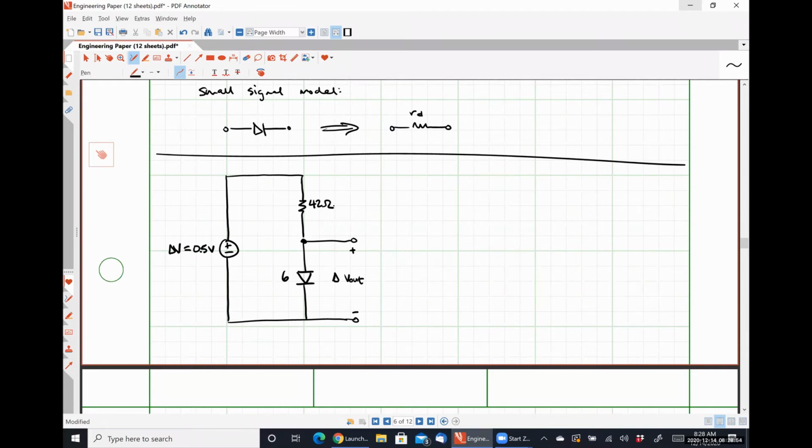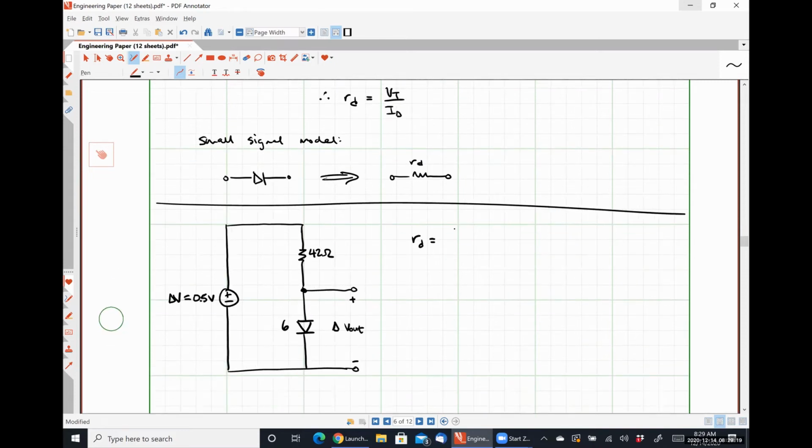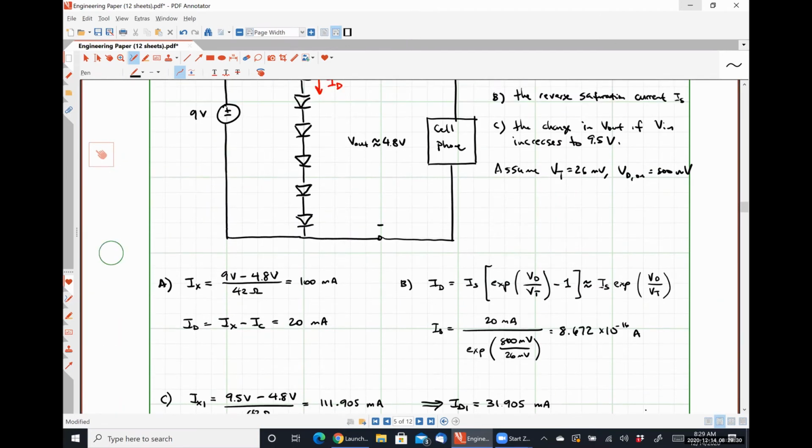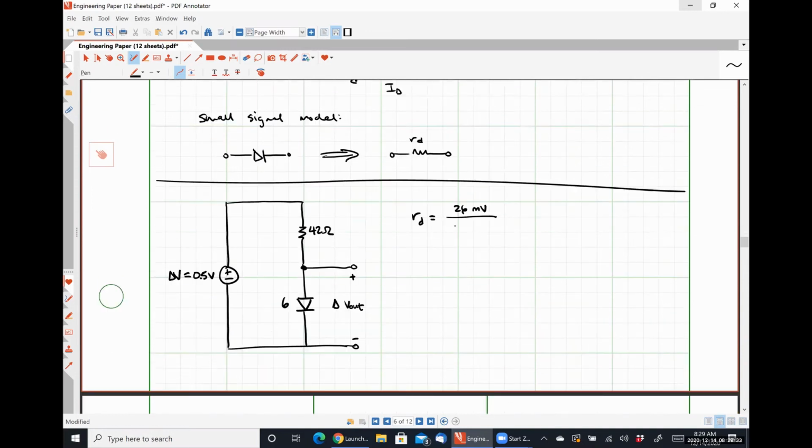So based on this simple circuit, my dynamic resistance RD in this case is going to be, let's see, VT 26 millivolts divided by my large scale diode current, which was 20 milliamps. 26 over 20 is 1.3 millivolts per milliamperes, gives us a unit of ohms.